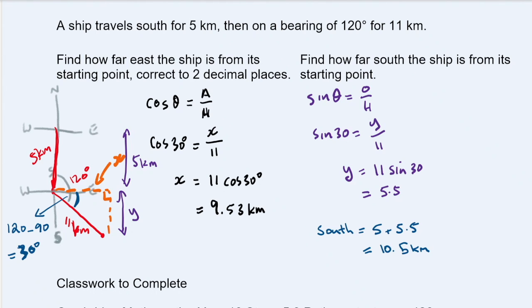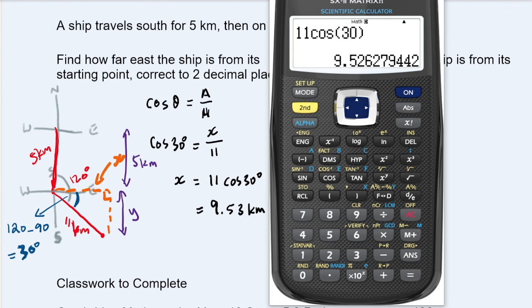That's it. That's how it's done. Let's have a quick look at the calculator for our y. So now we're going to have 11 sine, this time 30, and it's 5.5 exactly. So that's how it's done.